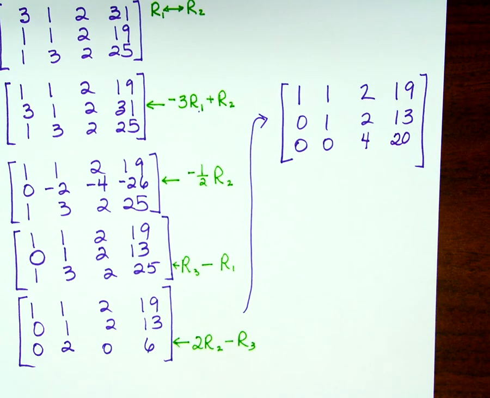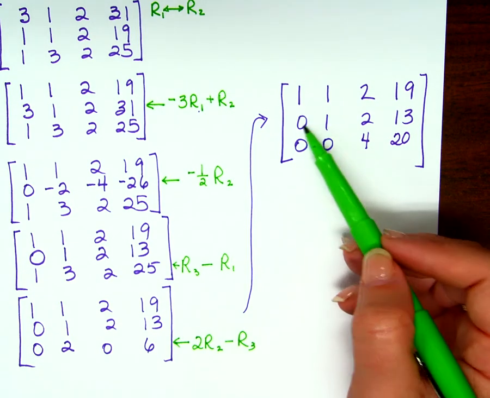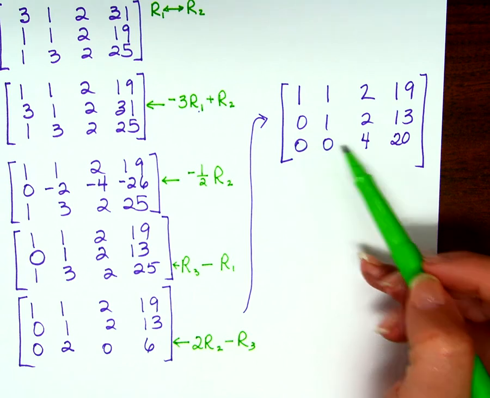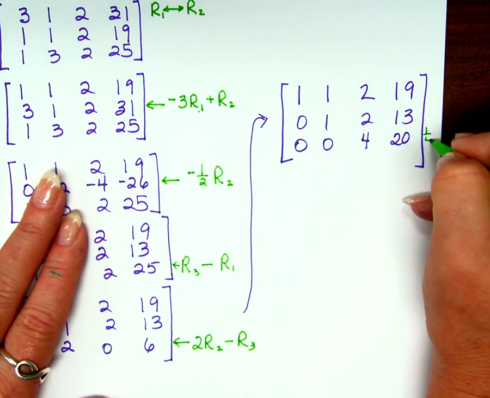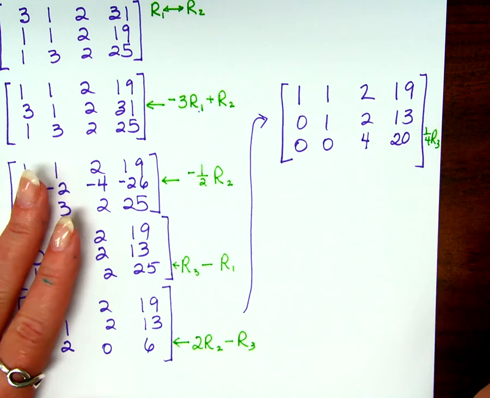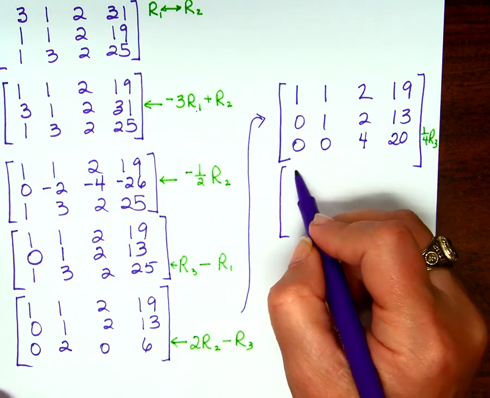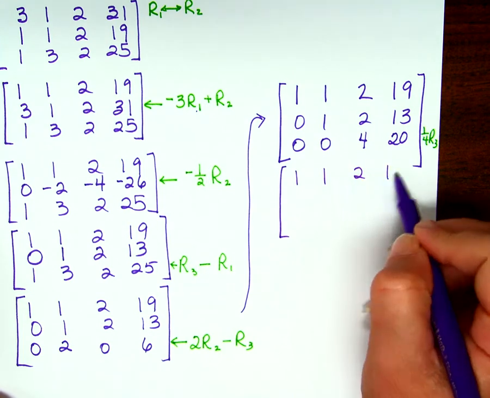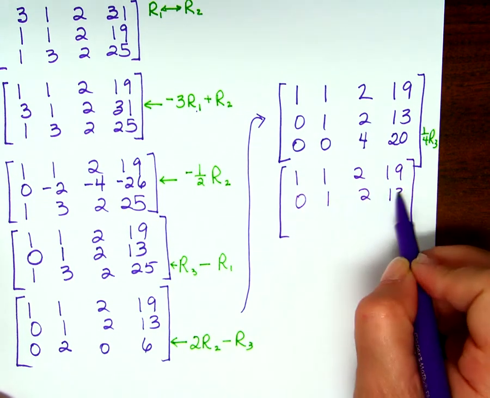Tell me what I need to do. What do I need? 1, 1, 2, 19. 0, 1, 2, 13.